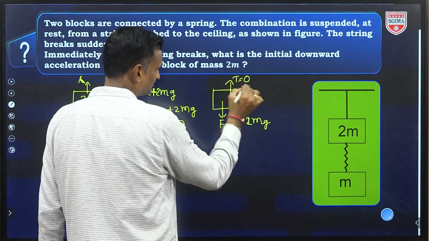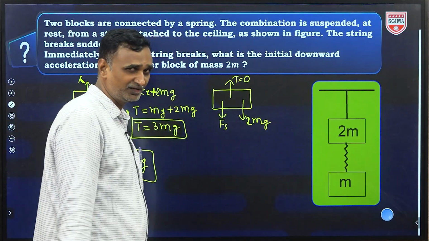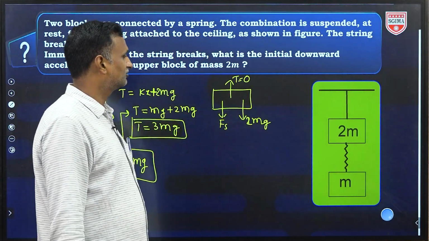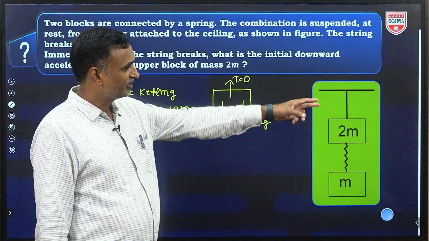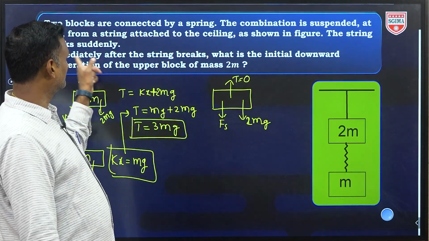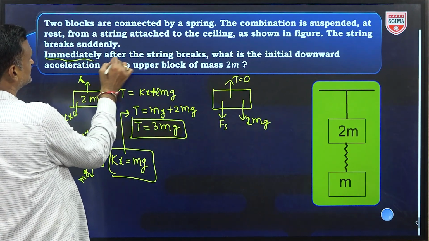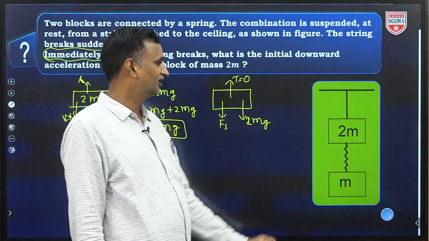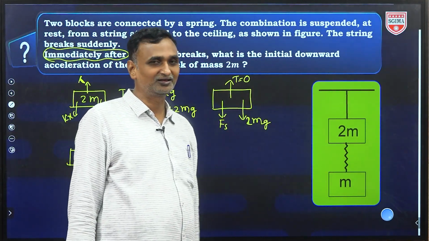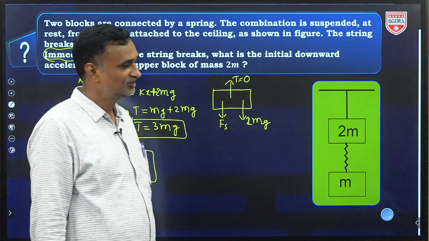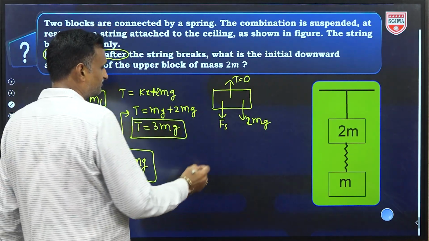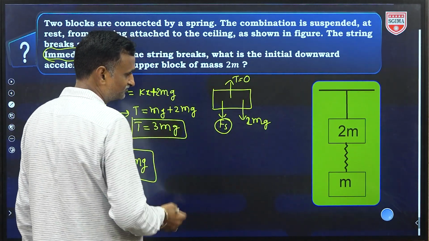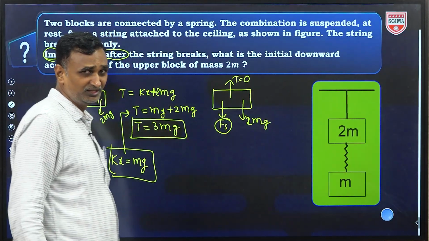Tension, but now tension becomes 0 after breaking. And one point you need to understand: they are asking in the question, immediately after the string breaks. In that span of time, spring force does not alter, spring force will be the same. So whatever the spring force was earlier, the same spring force is going to act.